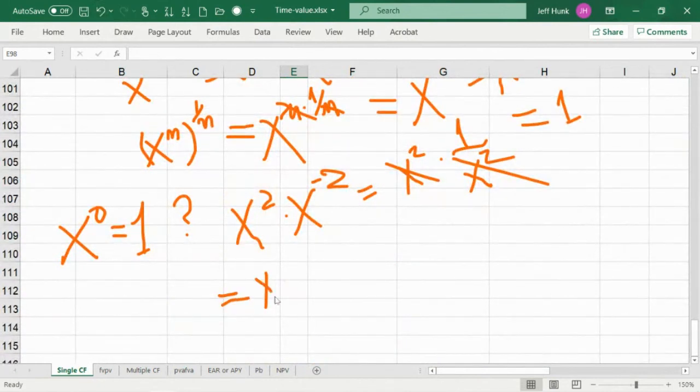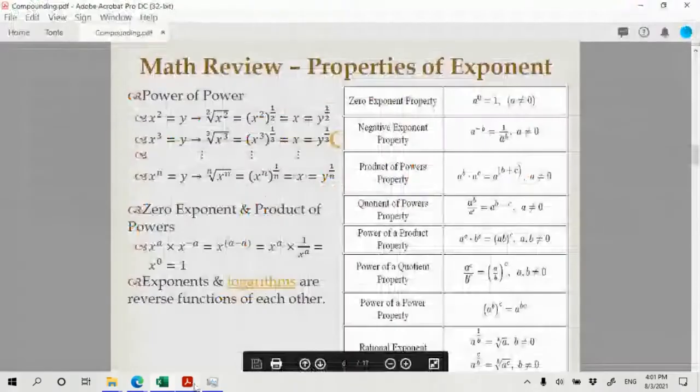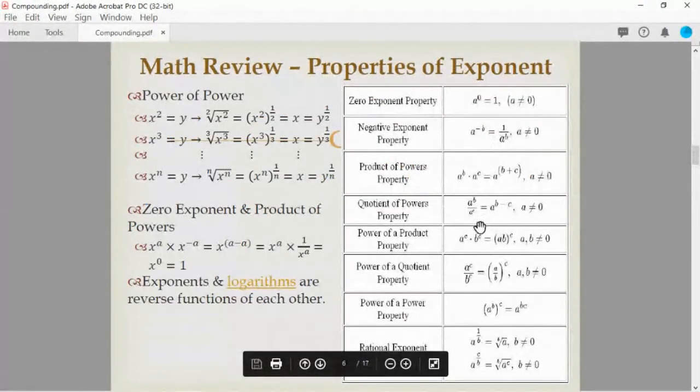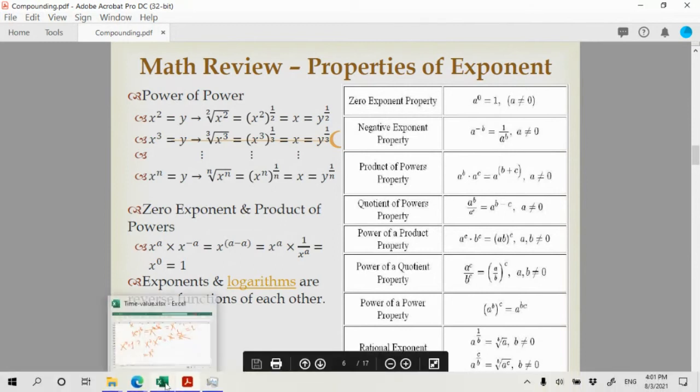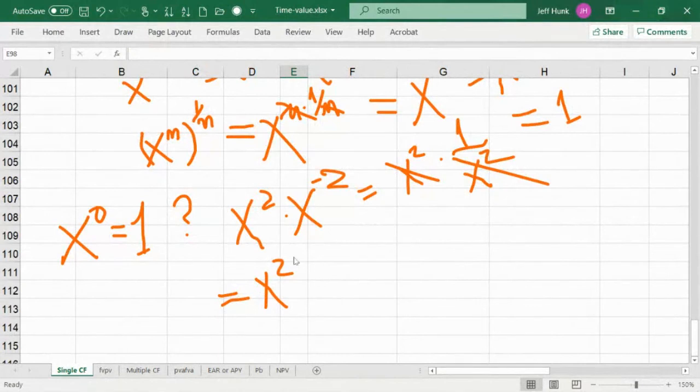Because they have the same base, it's the same thing as the product rule: a raised to b times a raised to c, same base, you simply add the exponents. So this is going to be 2 plus minus 2.